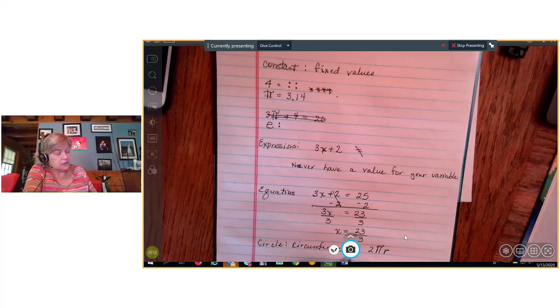So the circumference, which is c, equals 2 pi r. Now the area for a circle is going to be pi r squared.